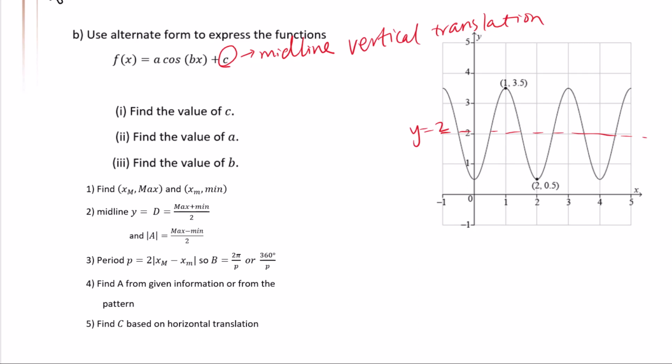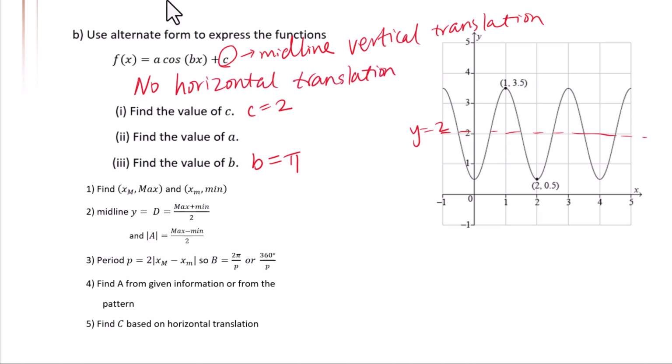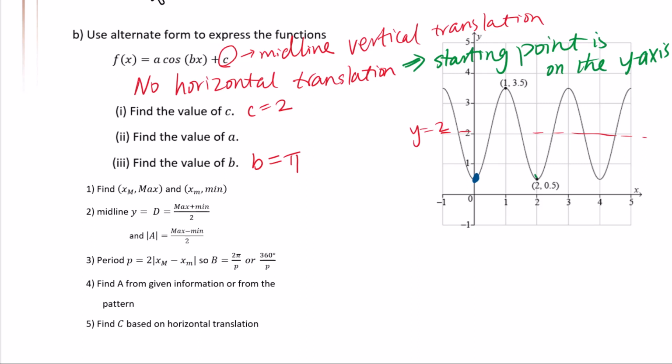Therefore, c equals 2. And the period won't change. We already figured out b equals pi. Since there is no horizontal translation, the starting point is on the y-axis. On the y-axis, this is the starting point.